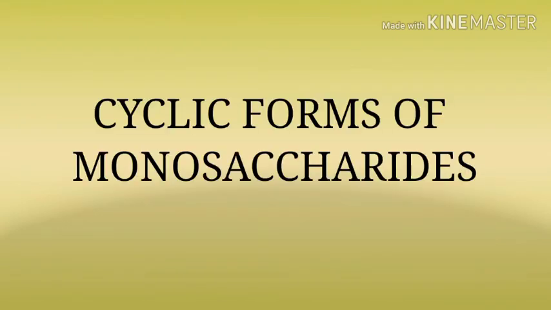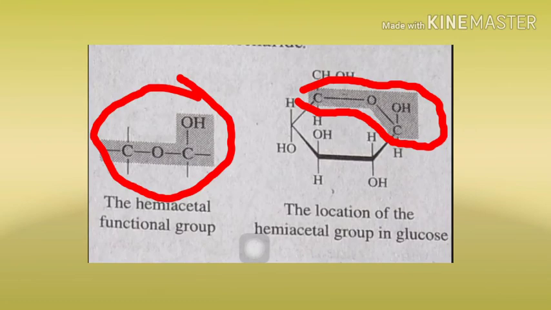Cyclic forms of the monosaccharides. This picture shows the hemiacetal functional group that is present in cyclic forms of a monosaccharide. A hemiacetal has both an OH group and an OR group attached to the same carbon atom.